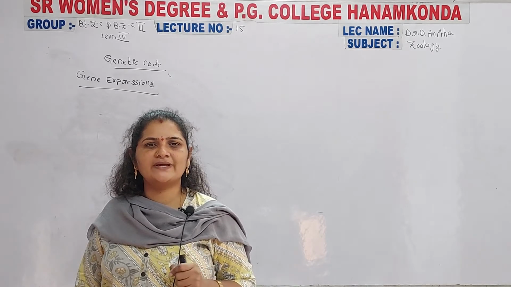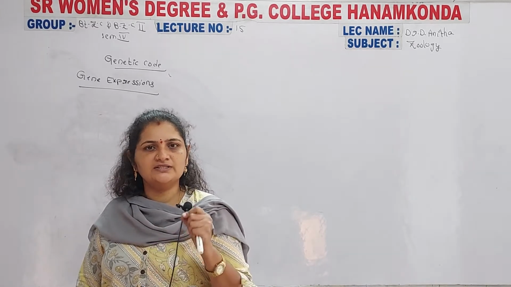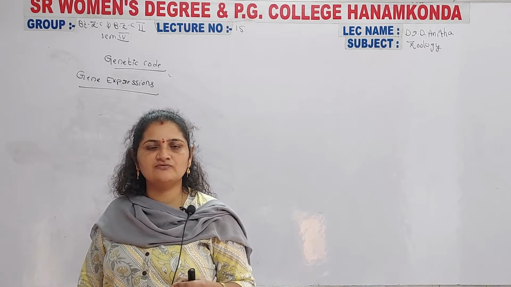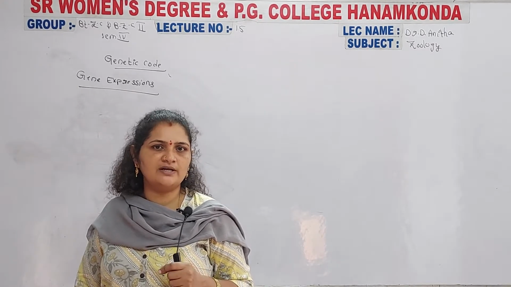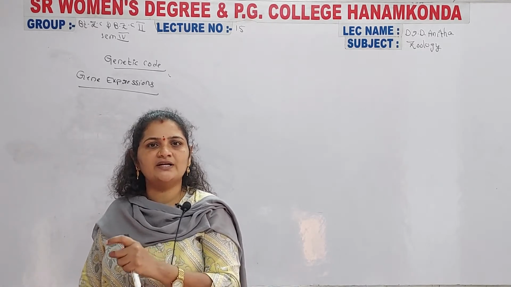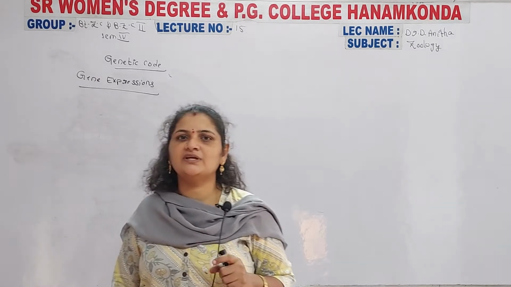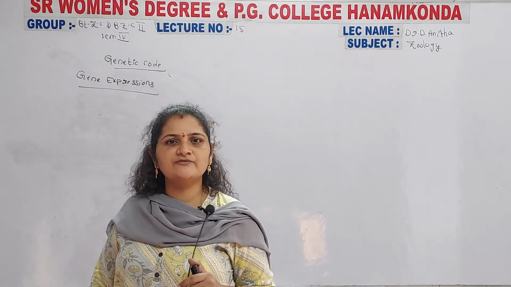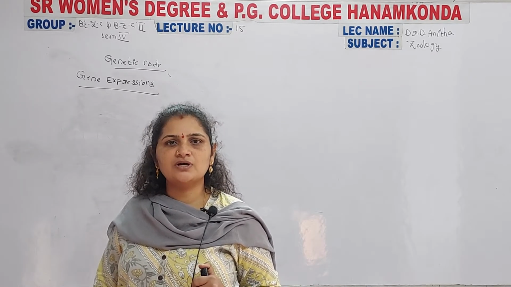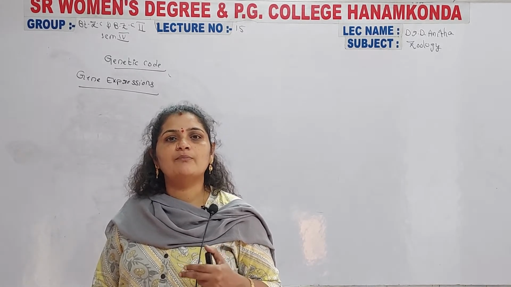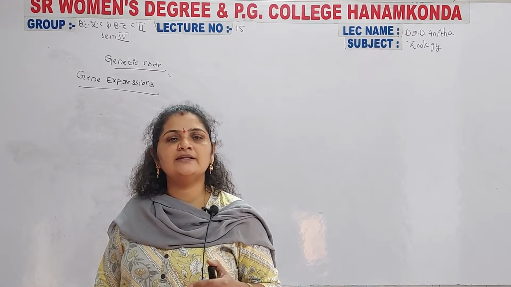That coding information is presented on the surface of the mRNA and finally reaches the tRNA. The tRNA converts the coded information into an amino acid chain by bonding through its anticodons.